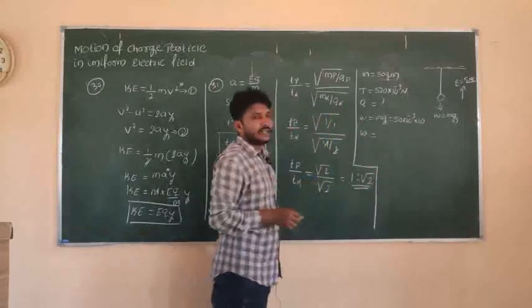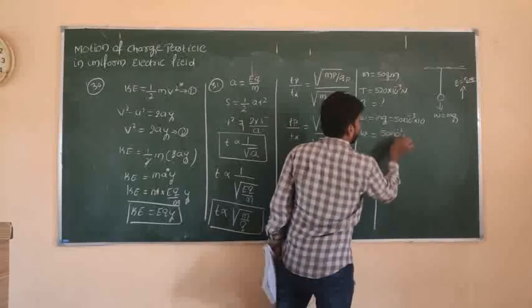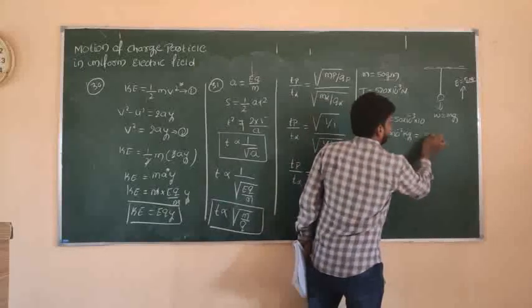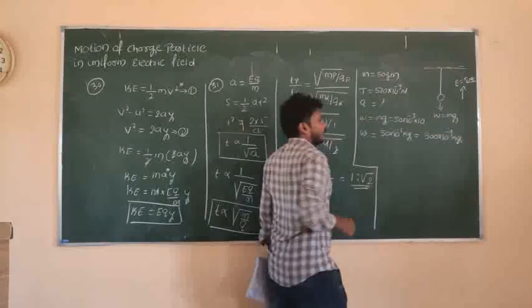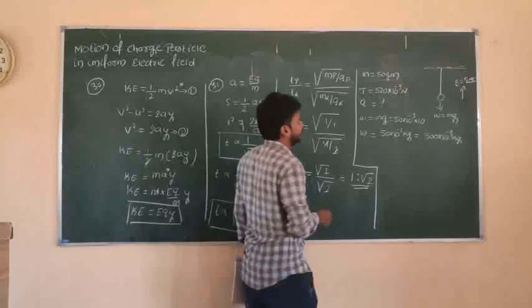That is 50 into 10 to the power of minus 2, or I will rewrite it as 500 into 10 to the power of minus 3. What is the weight of the body here? The weight of the body is 500 into 10 to the power of minus 3.